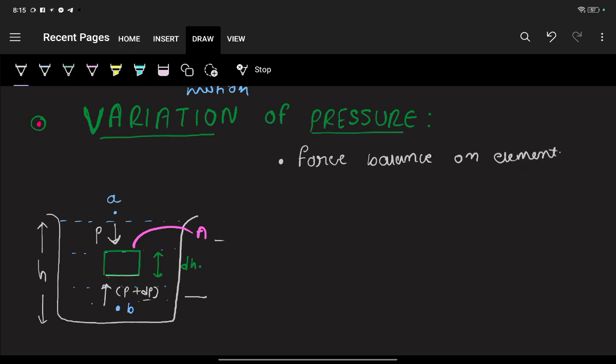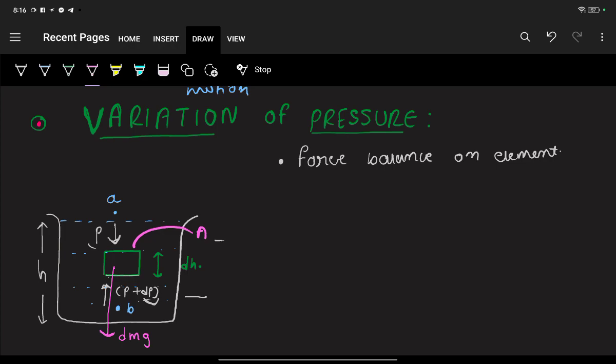So on this element, how many forces are acting? First, due to this pressure, and second, due to this pressure. We will also consider the weight force, which acts in the downward direction, which would be dm g.